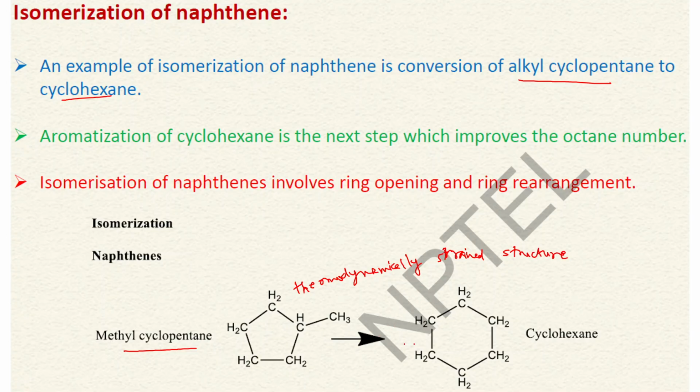So it is isomerized to give a cyclohexane structure. Aromatization of cyclohexane is the next step, so this cyclohexane can be easily further dehydrogenated to give aromatics.